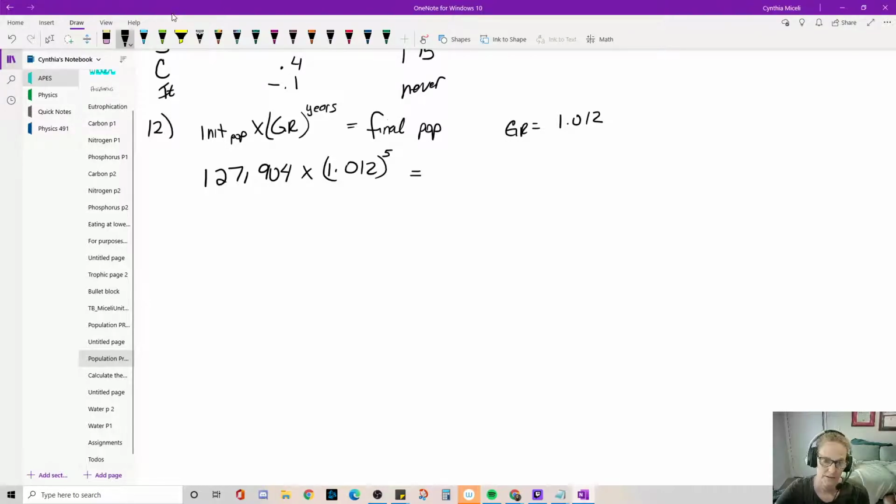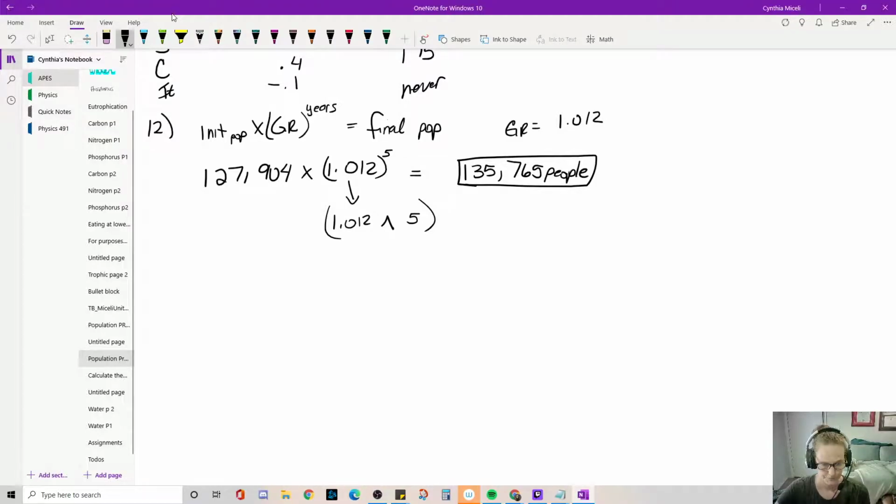So in my calculator, I'm going to type 127,904 times, and then this, in your calculator, you would go 1.012 caret 5, and it will tell you that number. And if you do all that, you should get 135,765 people at that growth rate. So this is at 5 years.